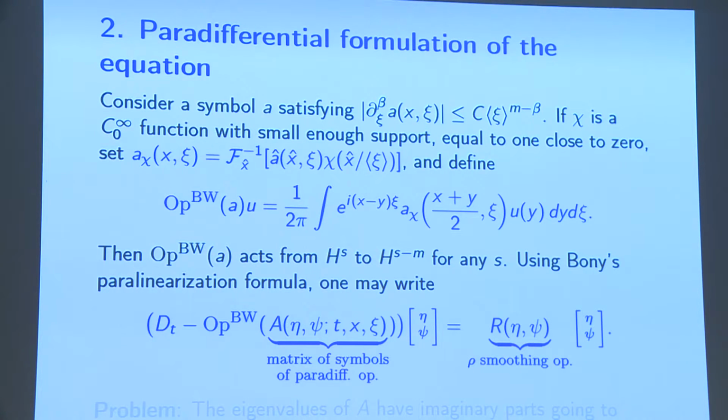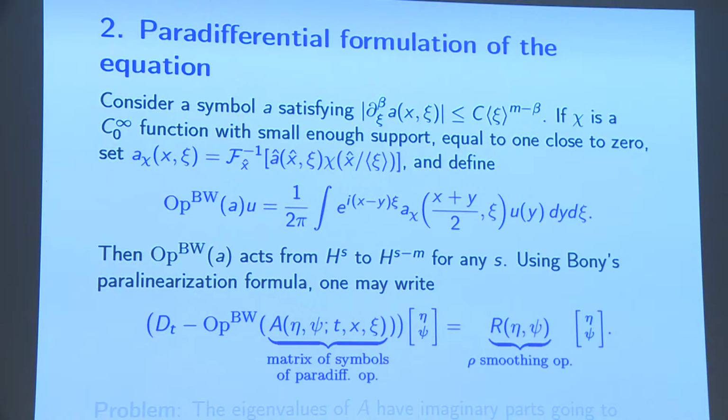So in that way one gets an operator which is bounded from H^s to H^(s minus m) for any s. If you assume, moreover, that your symbol A is periodic in x, your operator will send periodic functions of H^s of T^1 to functions of H^(s minus m) of T^1.